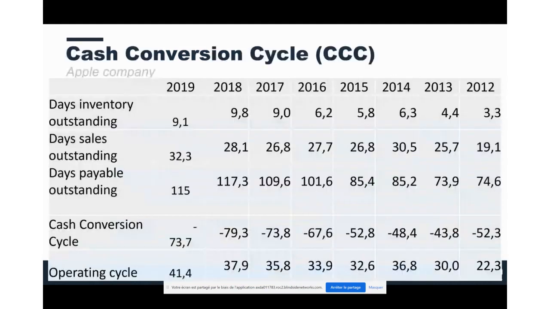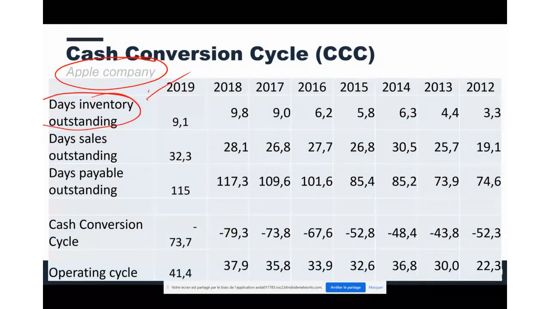In the situation of Apple, we can see that Apple has very low days inventory outstanding. It's just because of the stores, because in the process of Apple, they don't own the inventories. The inventories are at Foxconn in China, and Foxconn directly sells to the retailers. So Apple avoids the inventories.